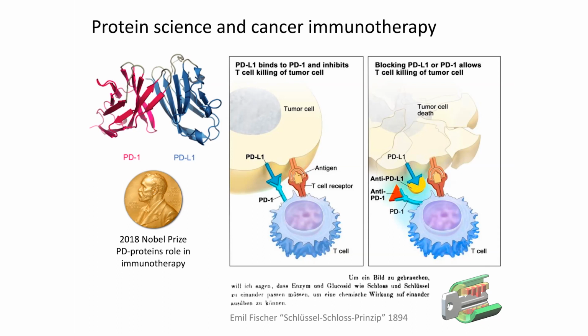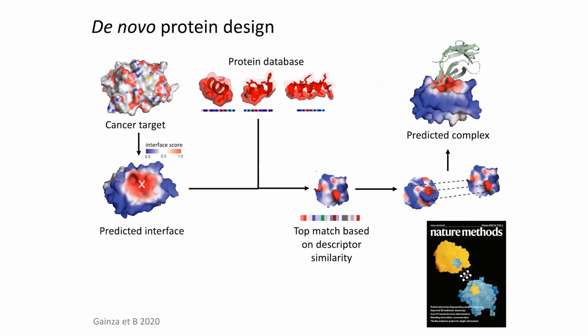And that's exactly where geometric deep learning can help. So together with collaborators from EPFL, the group of Bruno Correia, we developed geometric deep learning methods that allow us to design proteins from scratch that would have certain functionality, for example, binding this cancer target. And this was a paper that appeared on the cover of Nature Methods earlier this year.